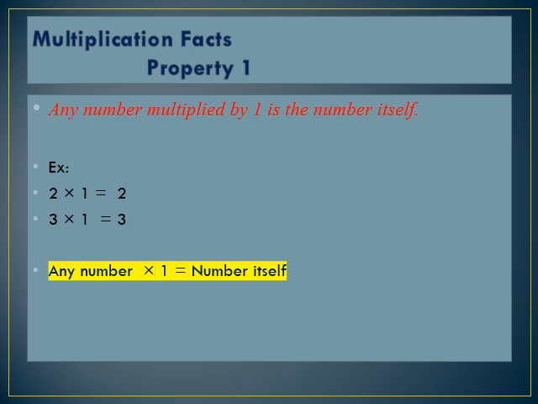Here we multiplied the number 3 by 1 and we got the answer 3. That is the number itself. Hence, any number multiplied by 1 is the number itself.